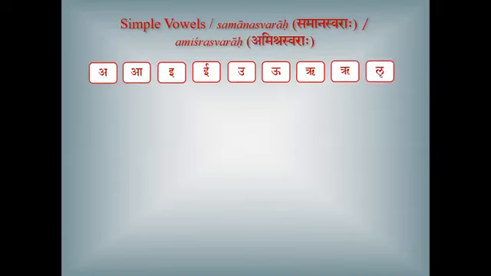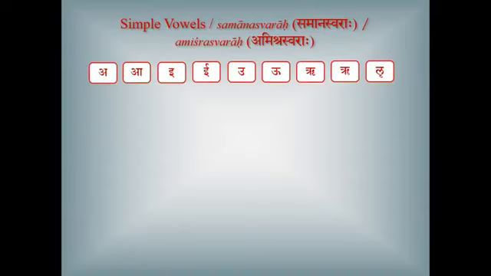The next one is a bit difficult. It is lru. Don't worry about this letter. This is not much used in the language. Only a few places you will see.